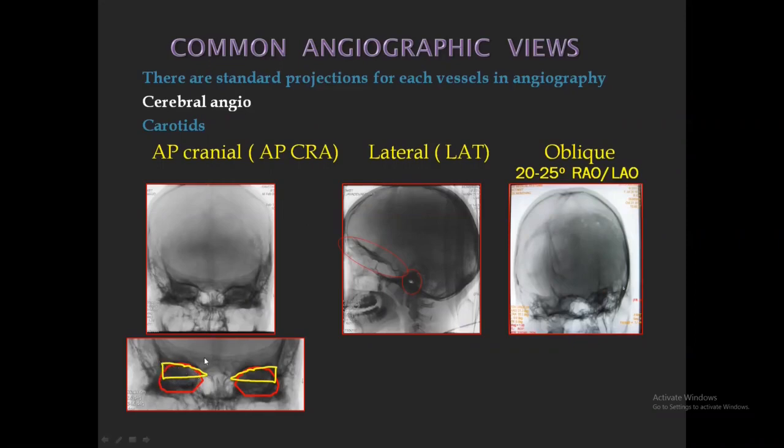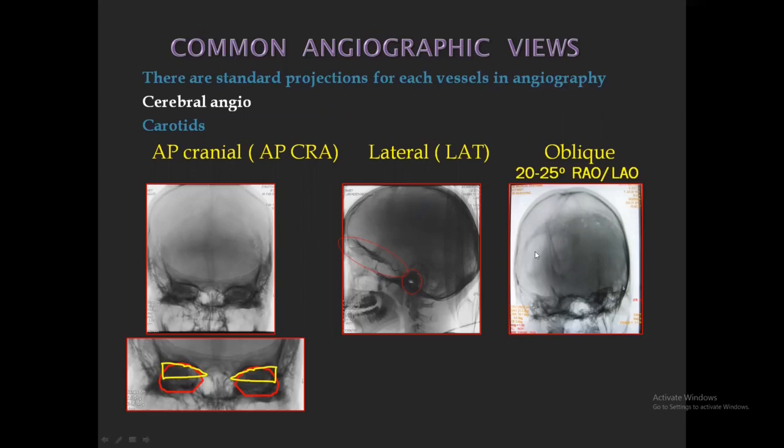This is the cranial view of angiographic AP, and this is the lateral view, in which we make sure that the position is true lateral. The external auditory meatus is seen through, and the roof of the orbit should be overlapped so that it is true lateral.